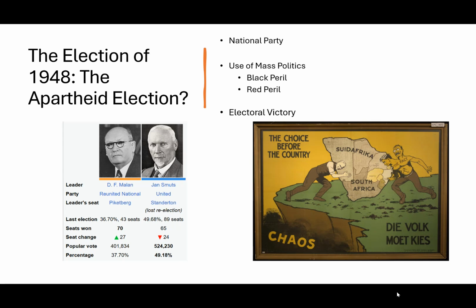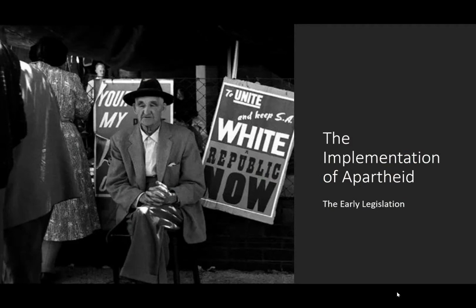This election wasn't really that close. And yet, the loser of the popular vote won enough seats. This was an electoral victory in which the National Party focused on seats they could win. And in 1948, 38% of the population will determine the future of South Africa.